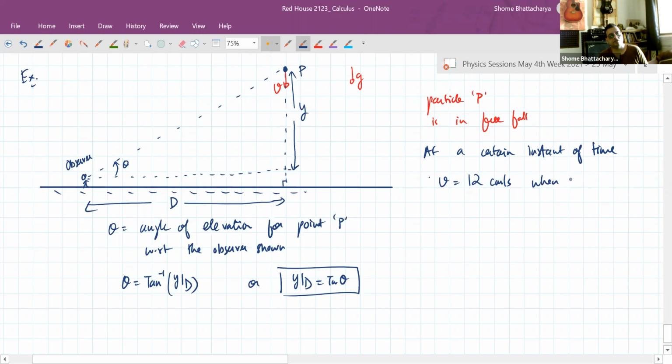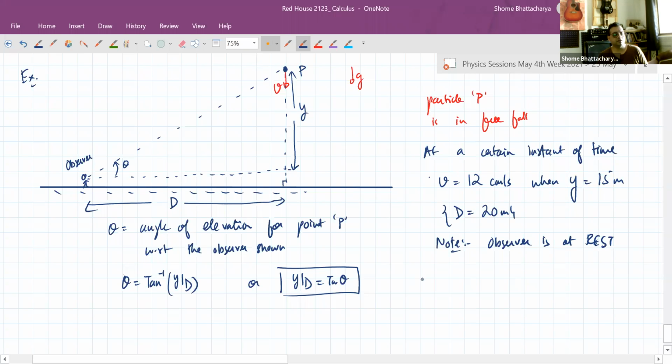When the value of its height with respect to this guy's eye level is equal to, let us say, 15 meters, and capital D, which is a fixed distance, is given to us as, say, 20 meters. The observer is not moving. So the observer is at rest.